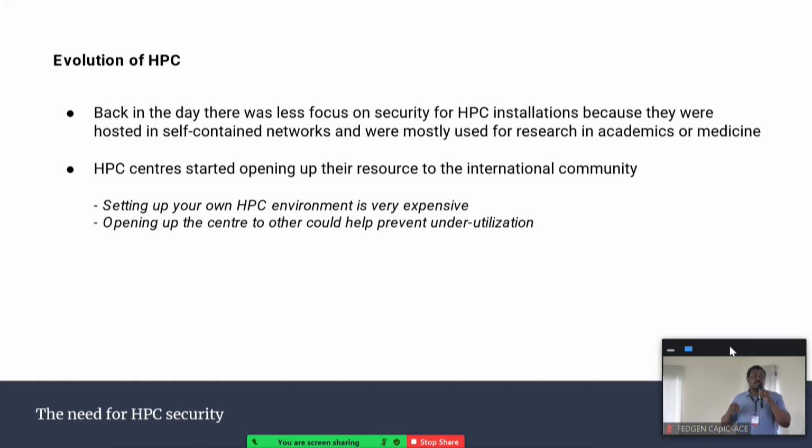So there was a revolution, and we now have HPC centers that have login nodes and that you can connect to using SSH and protocols like VPN. What that means is that it used to be before that you had to be in front of the system or in front of a terminal before you can access the nodes in the HPC.